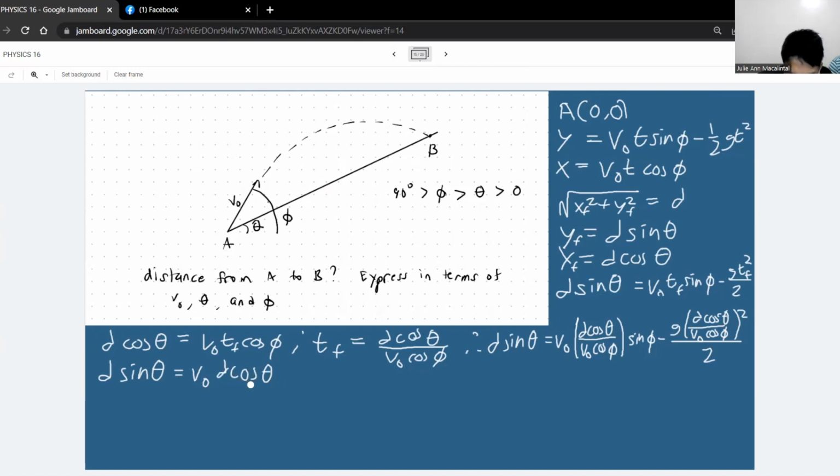So, 1/2 g cosine squared theta over v naught squared cosine squared phi, plus D times sine theta minus sine phi cosine theta over cosine phi, is equal to 0.